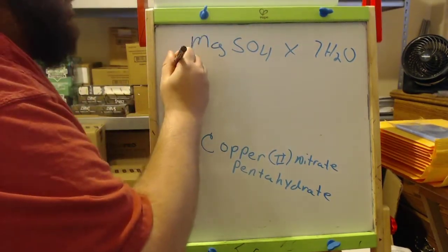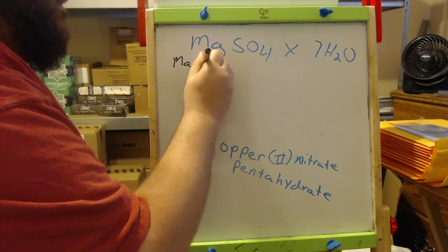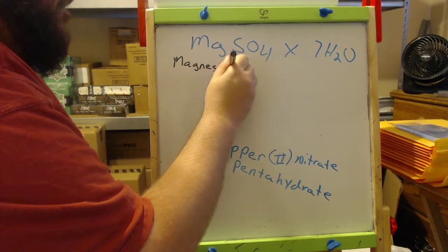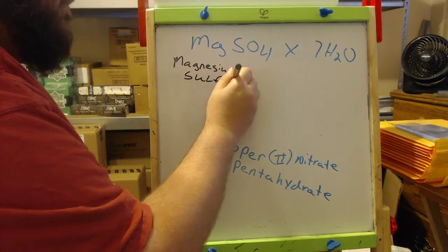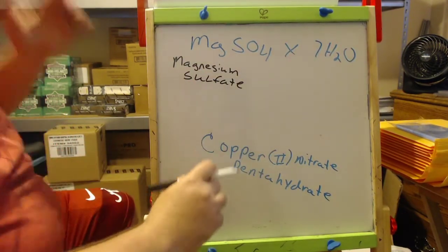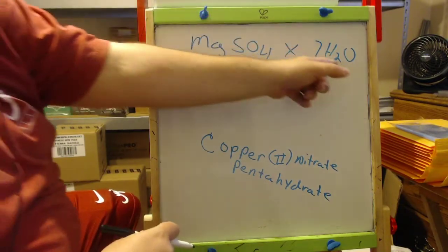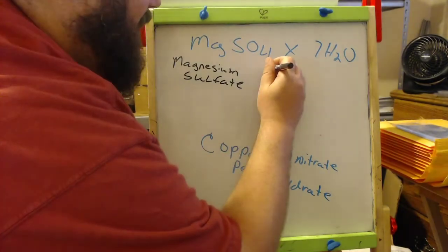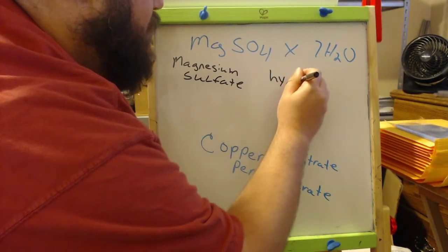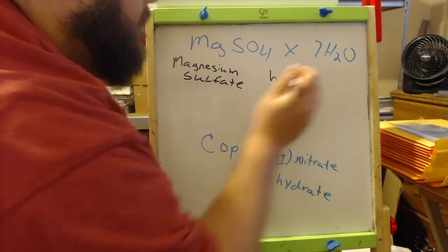This is magnesium sulfate. I'm just doing this for board space. You'd write it out that way. As soon as I see times waters, I know it's a hydrate. The word hydrate means times waters.